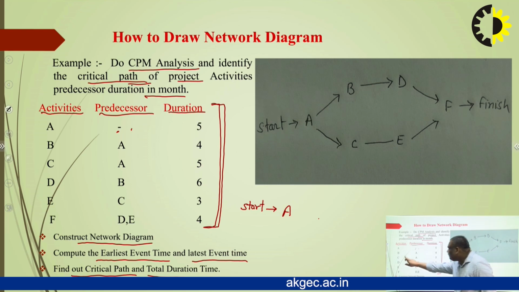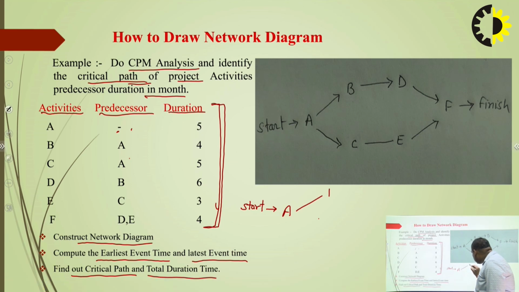Activity B's predecessor is A. That means when A is finished, then B will start. In the same way, when A is finished, then C will start. So with this method we can draw a network diagram.